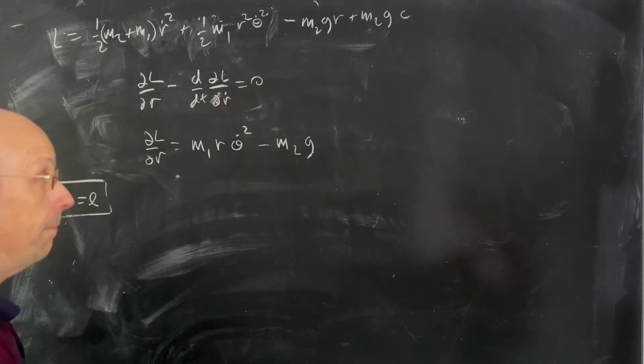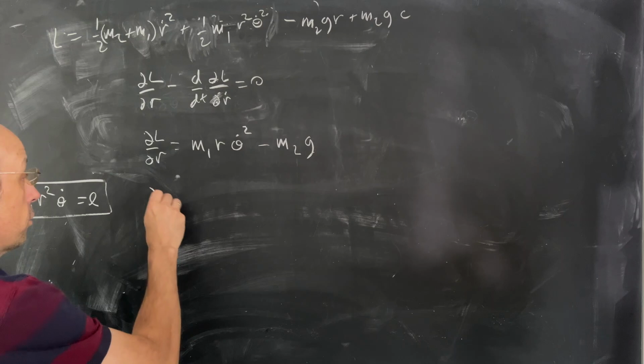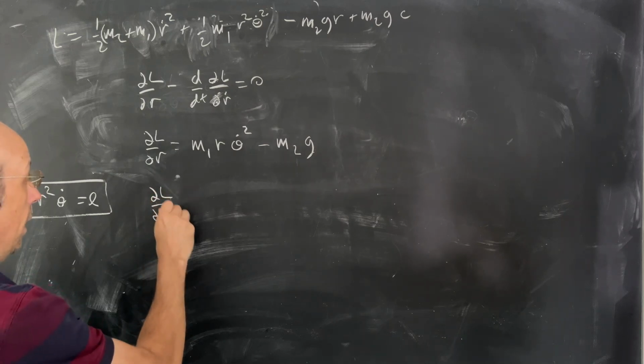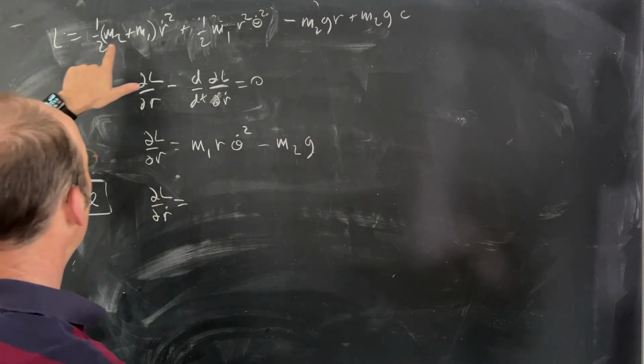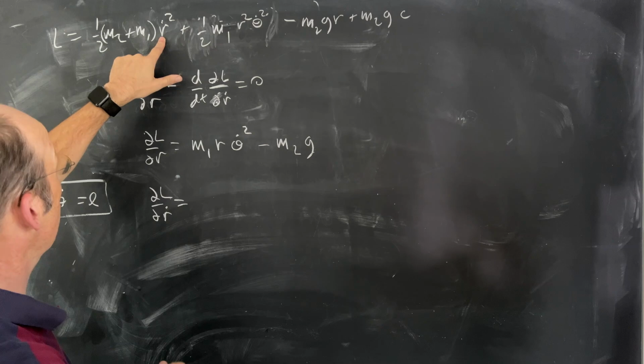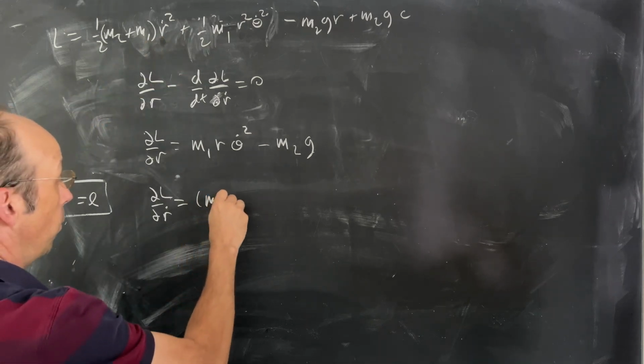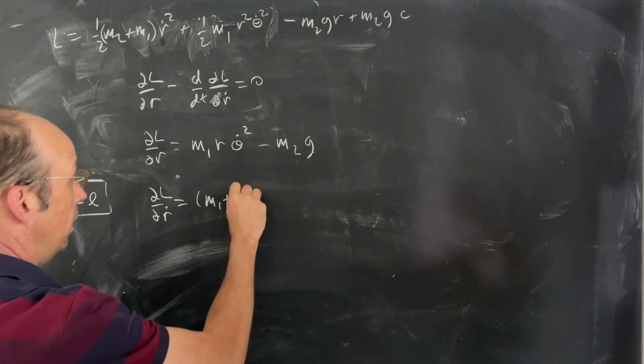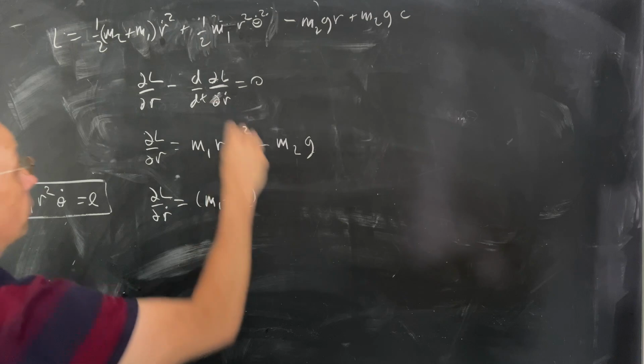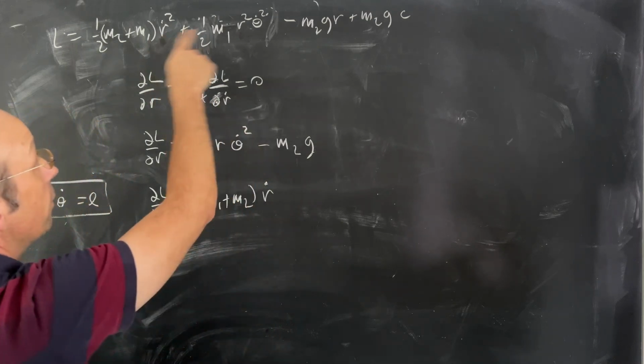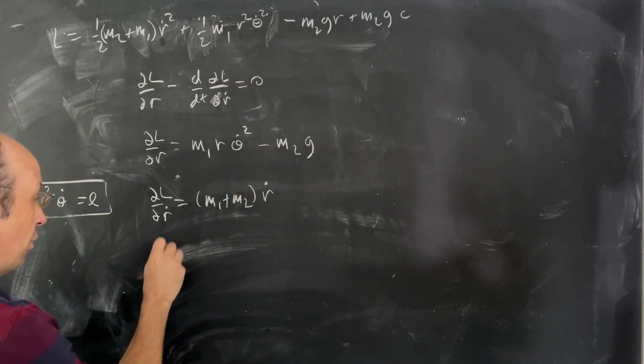That's good. Okay, now we're going to do the partial of L with respect to r dot. So I'm scanning up here. There's an r dot. So I can bring that down. The power 1/2 (m1 plus m2). The 2's cancel. r dot. And there's no other r terms. So now I can take the derivative of that.